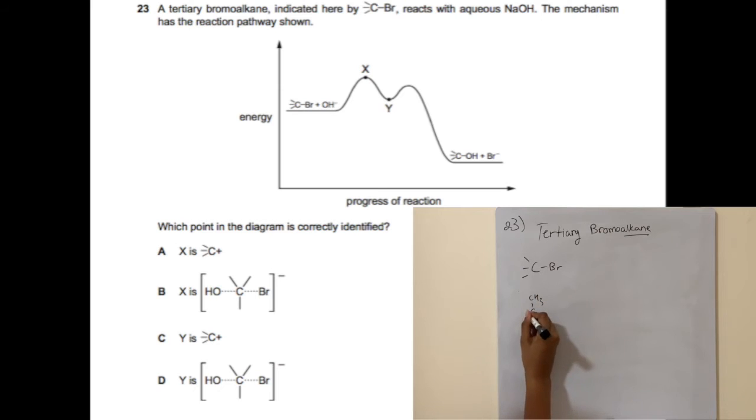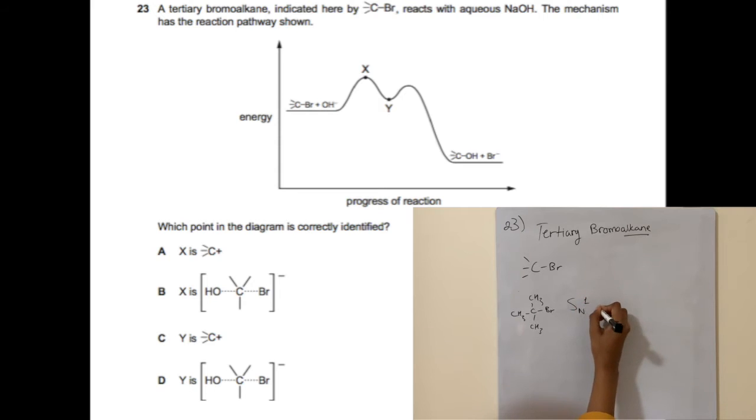So now when we have these tertiary ones, I'll give you an example. It could look something like this. This is the most basic one, right? They go through an SN1 mechanism when they're reacting. And this is essentially a nucleophilic substitution.